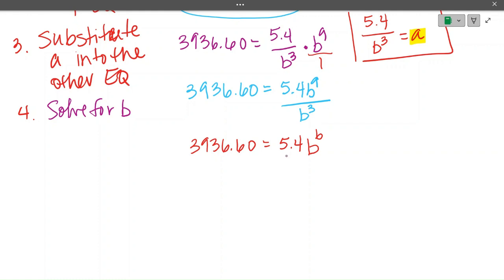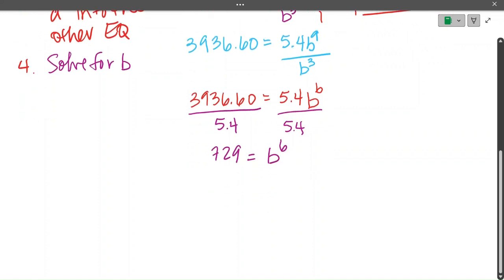So I'm going to divide both sides by 5.4 because to solve for b, I have to get b on its own side. When I divide by 5.4, I get 729 equals b to the power of 6. Okay, and now to get b to the power of 6, just to become b, I need to raise that to the power of 1/6.